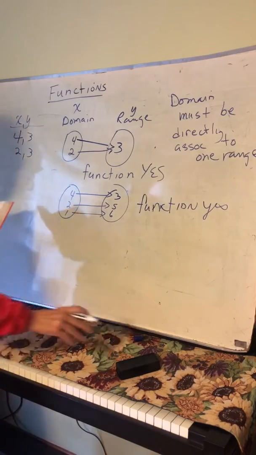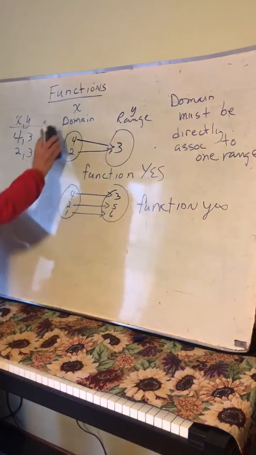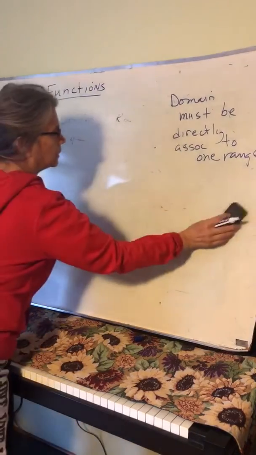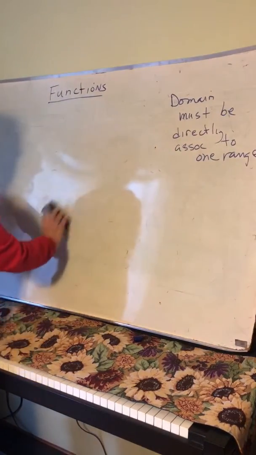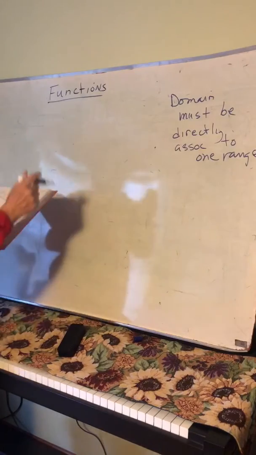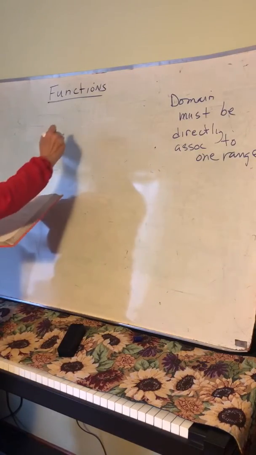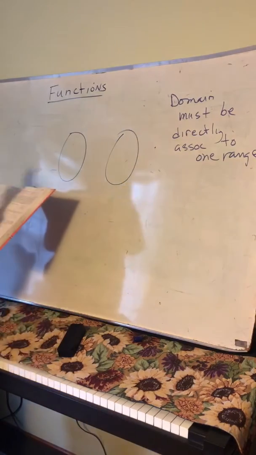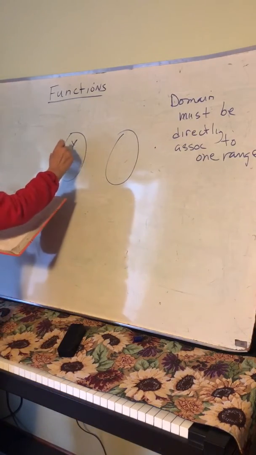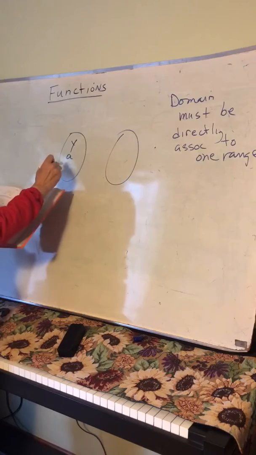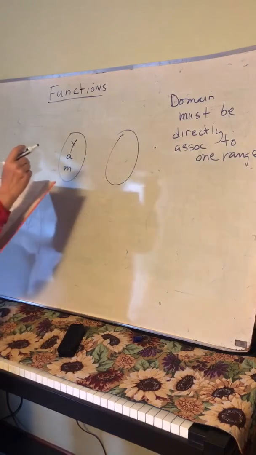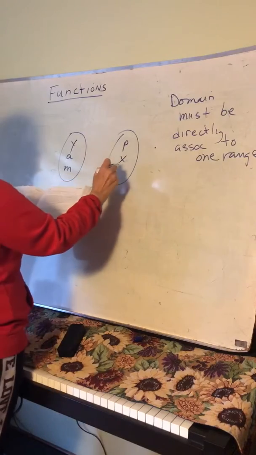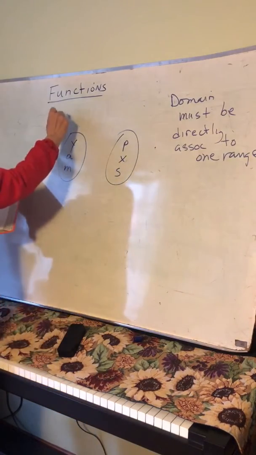Okay, let's look at some more examples. Say we have, okay, they're going to give you these looking in this form. Now we have letters, Y-A-M. And here we have P, X, S. This is your domains.